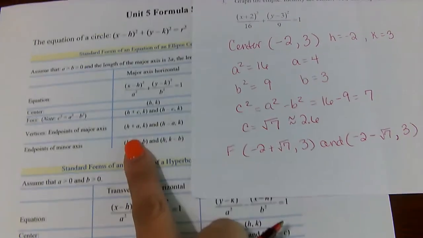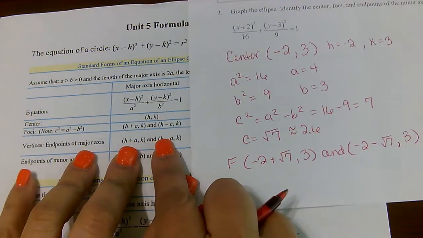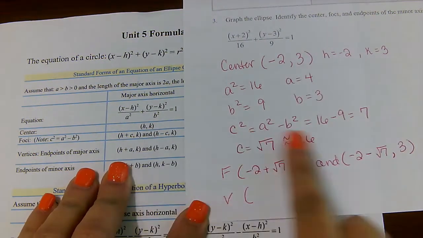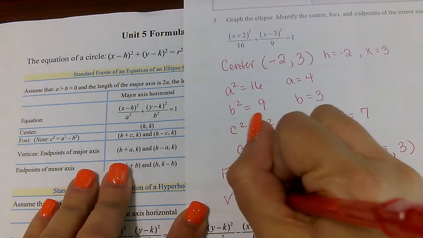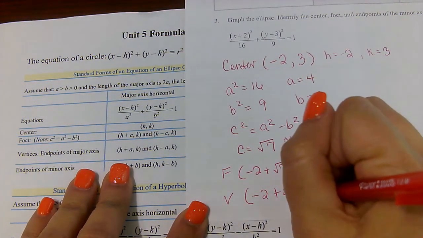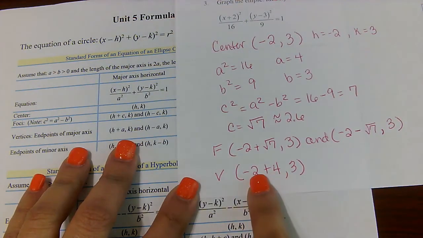Now let's go ahead and find our vertices. Our vertices are going to follow these sets of equations. So I'm going to have h, which is negative 2, plus a, which is 4, comma 3. Notice on this one you have two rational numbers.